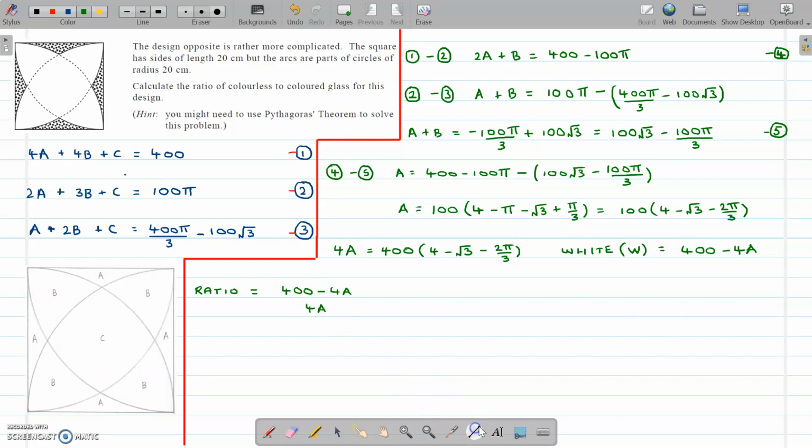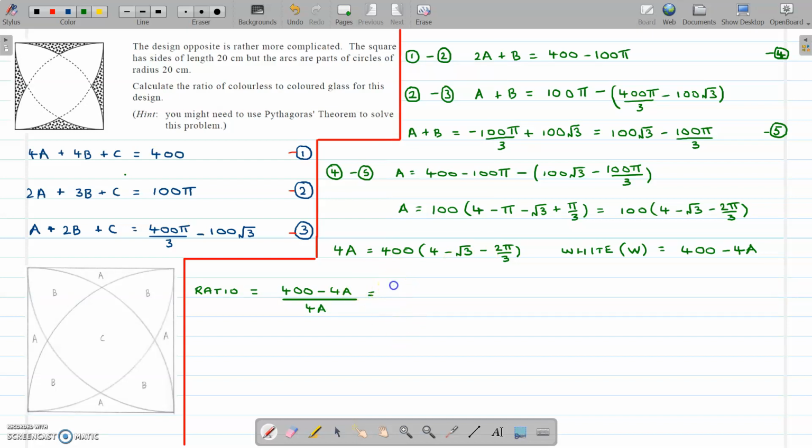Okay, now it gets a little bit complicated when we start putting in the actual expression for 4A, which is this thing here.